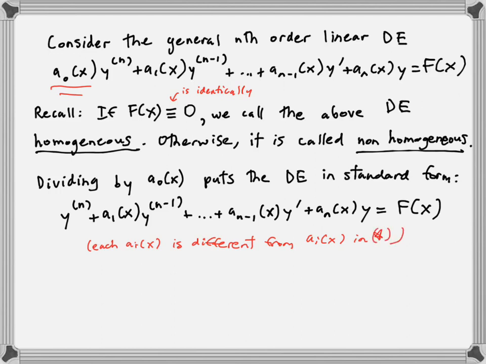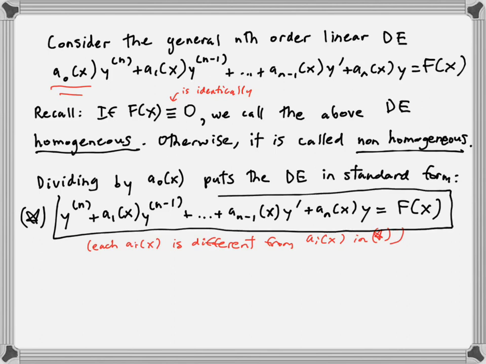These are different functions. This is called standard form. I'm going to call this star, and this is what I'm going to be referring to as I move on. Super important, my standard form differential equation.